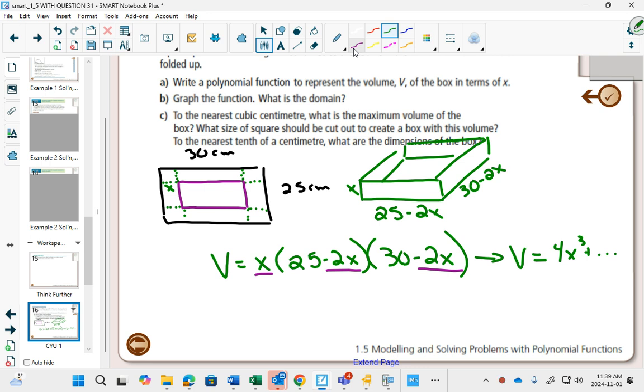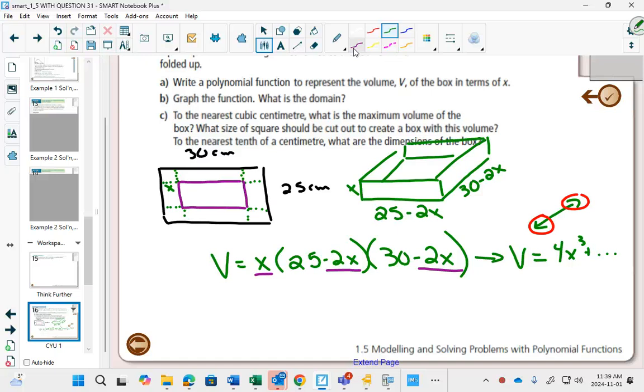Because a minus 2x and a minus 2x and x would give me 4x cubed, which means I already know my end behavior. It's an odd function, so it's going to act like a line. It's positive, so it's going up from left to right.